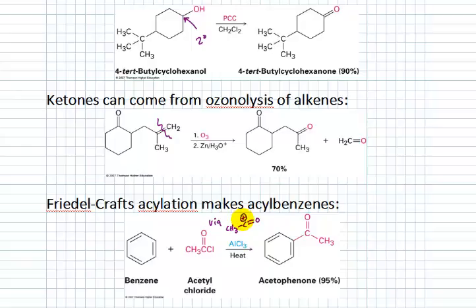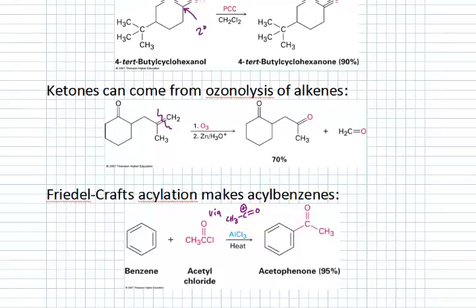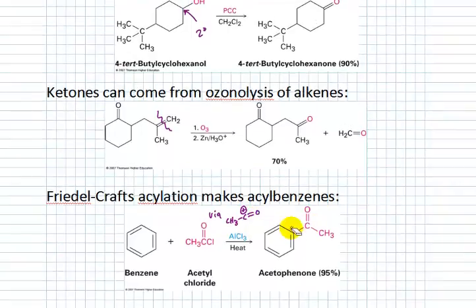Just like that. Stabilized by resonance with the oxygen's electrons there, and stabilized so that it does not rearrange like a Friedel-Crafts alkylation would. So that's an excellent way to make a ketone that is attached to a benzene ring.